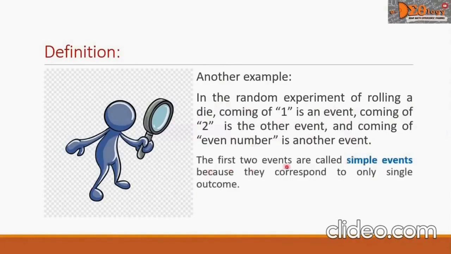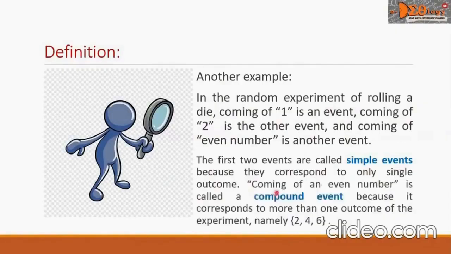The first two events are called simple events because they correspond to only single outcome. Coming of an even number is called a compound event because it corresponds to more than one outcome of the experiment, namely 2, 4, and 6.